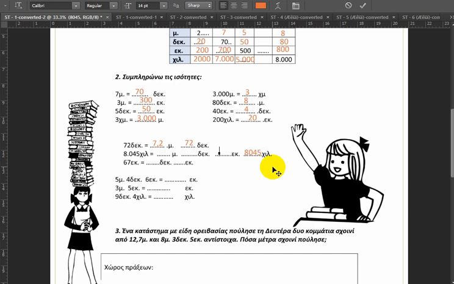So 1 step up means divide by 10, so that would give me 804.5 centimeters. Then another step up, so I'd have to divide by 100, so 80.45 decimeters. And then meters is 3 steps up from millimeters, so I'd have to divide by 1,000, giving me 8.045.